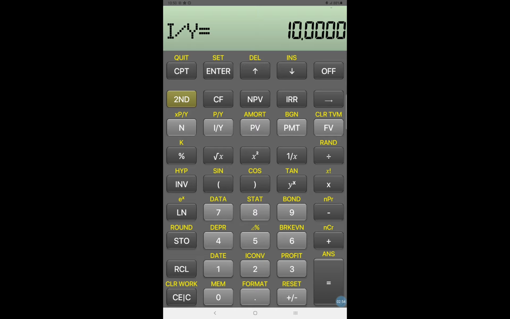We'll be calculating for 1 rupee the present value interest factor. So 1 minus FV, and compute the present value factor. The present value factor for 10% for the first year is 0.909. Similarly, we'll be calculating for all the values.